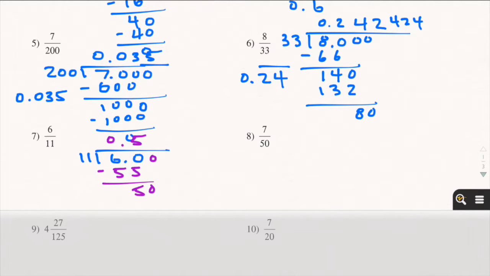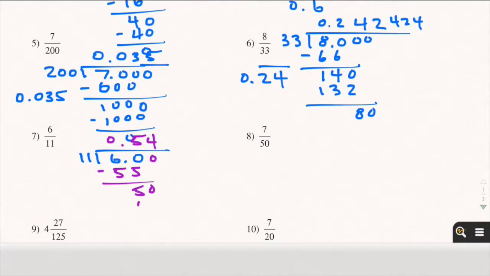Bring down another 0. 11 goes into 50 4 times. 11 times 4 is 44. Subtract those, we get a 6. Bring down another 0, we get 60, which is what we originally started with. So again, you're going to get 5, 4, 5, 4 repeated. So 6 elevenths is equal to 0.54 repeated.